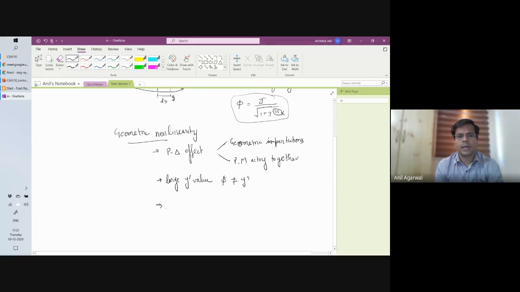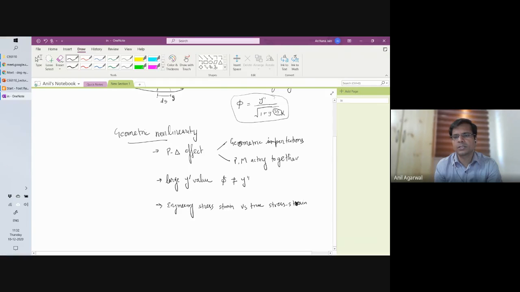Then you may also have nonlinearity because of the differences between engineering stress strain versus true stress strain. You remember the difference between them?